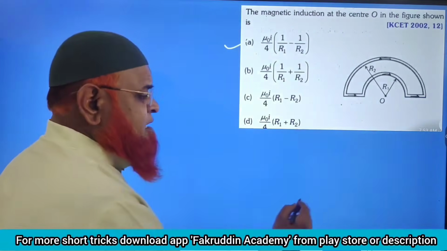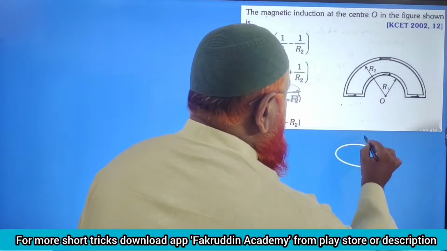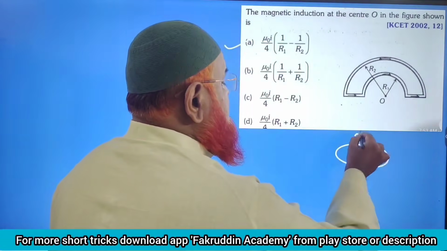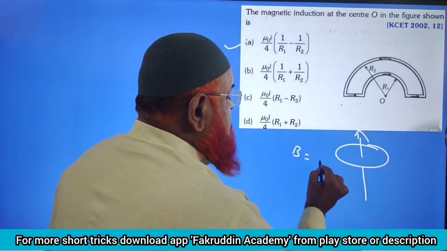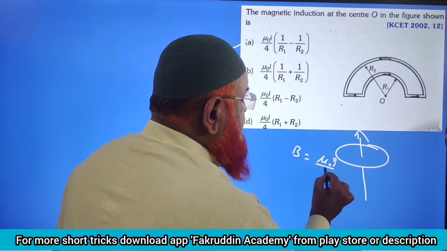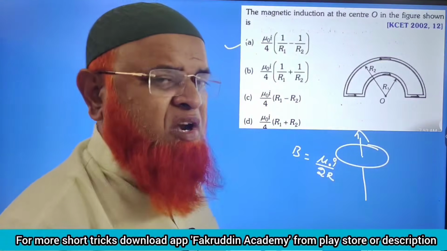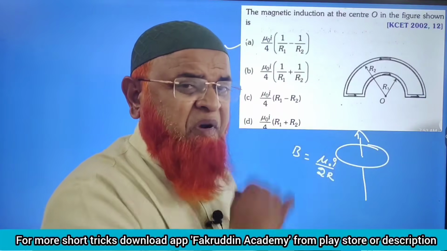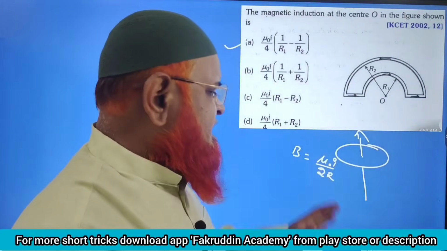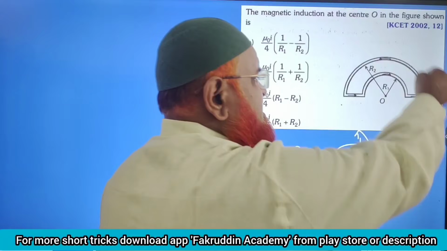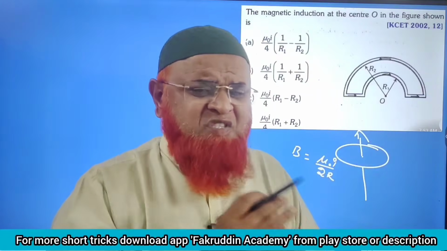Now let us see here. For a complete circle, the magnetic field at the center formula is mu naught I by 2r. But if you observe here, this is only a half circle.